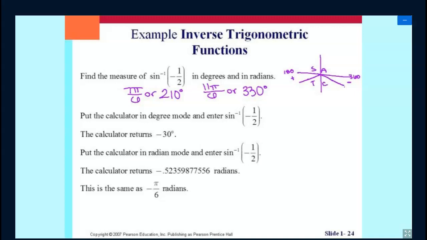So you're going to hit second inverse sine. And then you're going to type in negative 1/2, and you should get out negative 30.